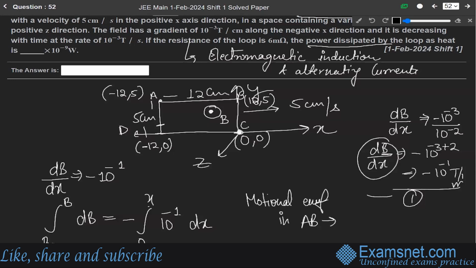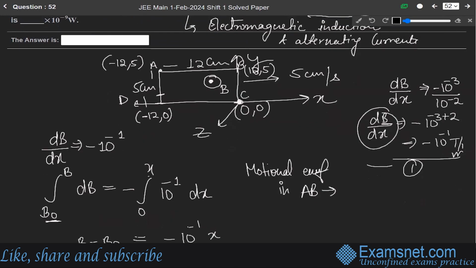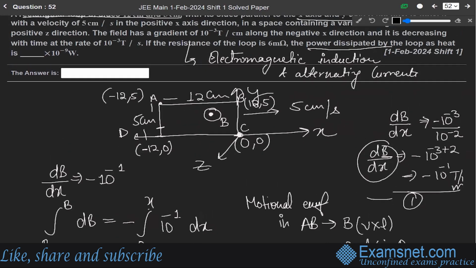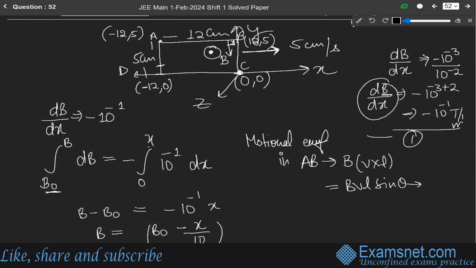In AB, the motional EMF will be, we know the formula for motional EMF is B V cross L, means BVL sine theta. So here the V is in this direction and the magnetic field is in this direction. So both velocity and magnetic field are perpendicular to each other, means 90 degree, and sine 90 is what? 0. So the motional EMF in AB will be 0.